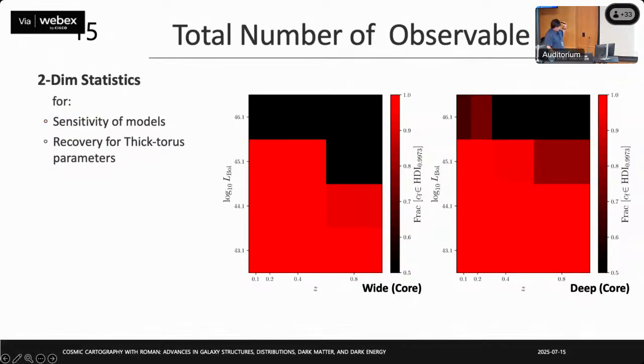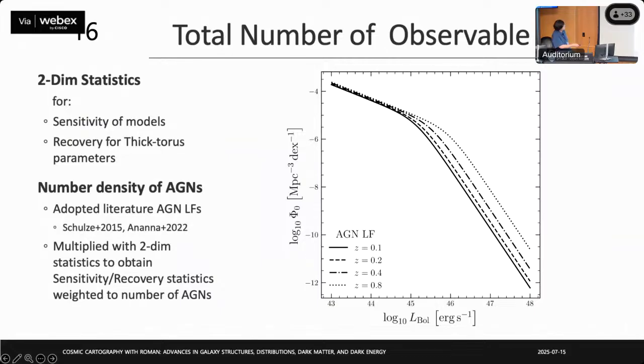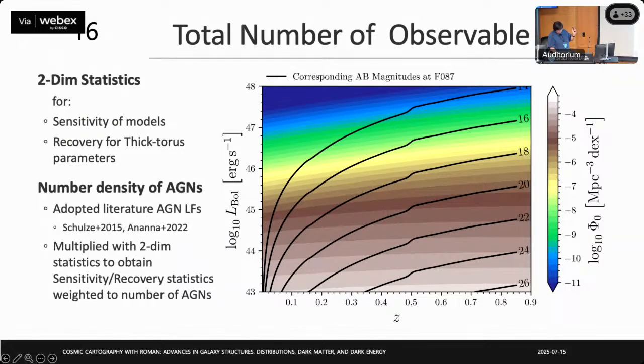And so to talk about how many AGNs we are talking about from the Roman High Latitude Time Domain Survey, we did the similar statistics computation in two dimensions in redshift and luminosity, and also drew the AGN luminosity function in a similar manner, and we multiply these to obtain the cumulative number of AGNs observable at given redshifts.